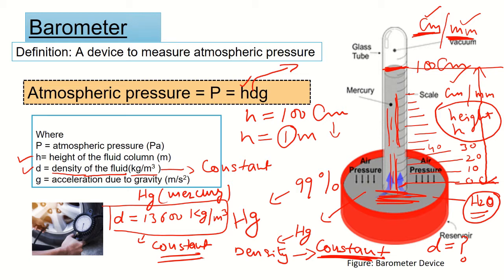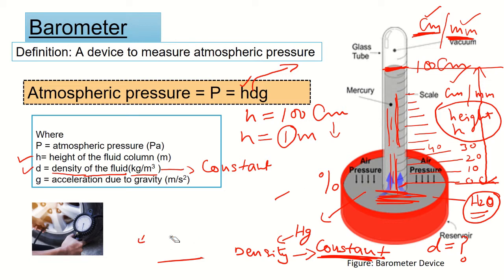Now the last parameter is the G. This G is the acceleration due to gravity, and this acceleration due to gravity is also constant.